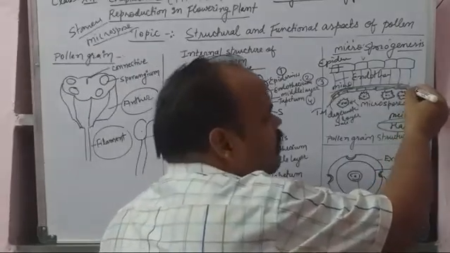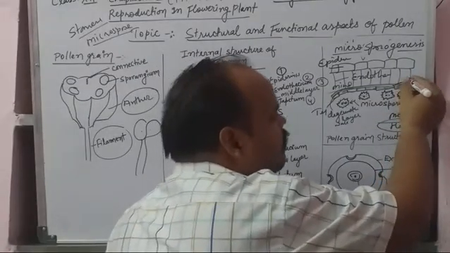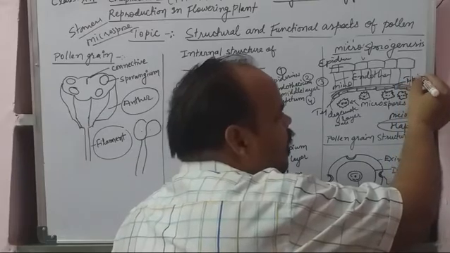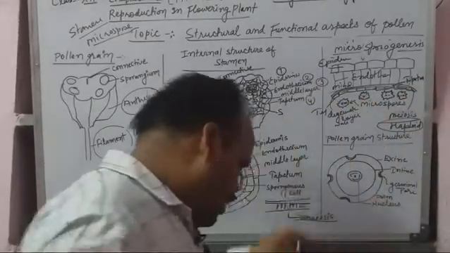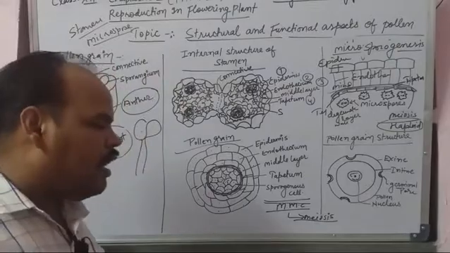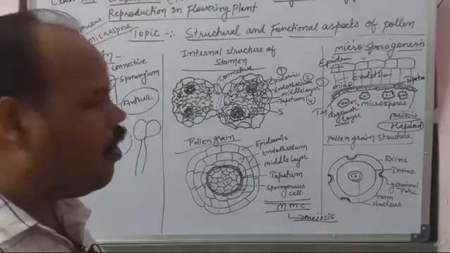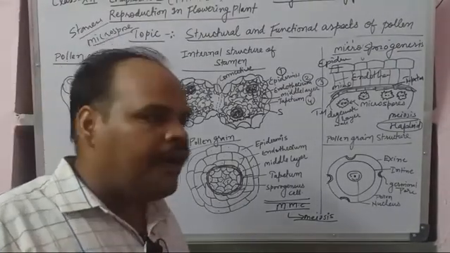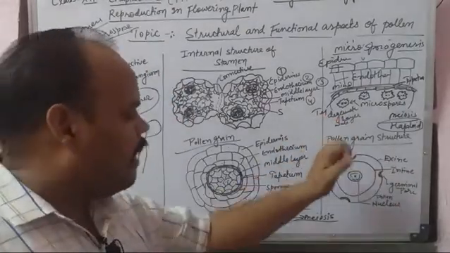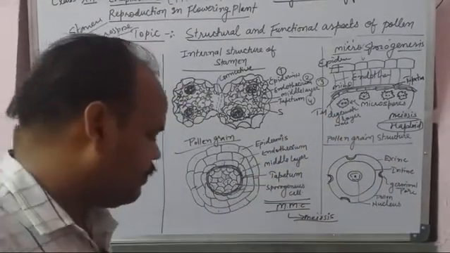diploid, but it's the tapetum, we know very well the tapetum, which is diploid and covers the microsporogenesis.